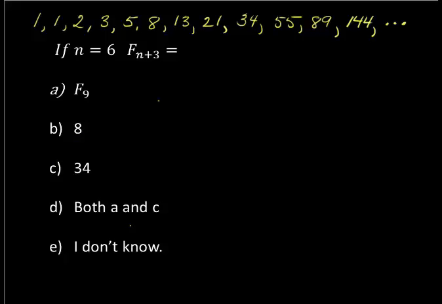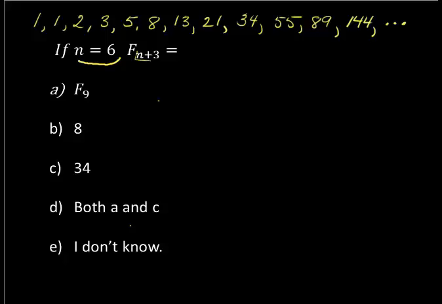So at the top of this slide, I've written out the first few numbers in the Fibonacci sequence. So let's try to read this notation. If n is 6, what is f sub n plus 3?